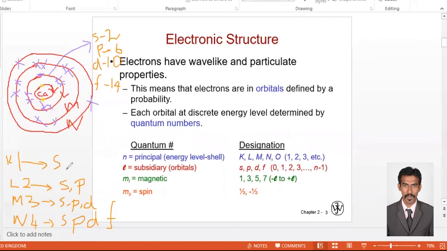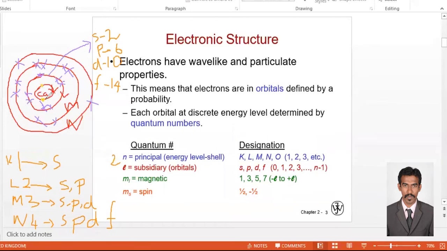What I'm trying to say is, if you consider the K orbit, the maximum is 2 electrons. Why? Because we can have only s, and s means 2 electrons, totally 2 electrons. So this is our first orbit.